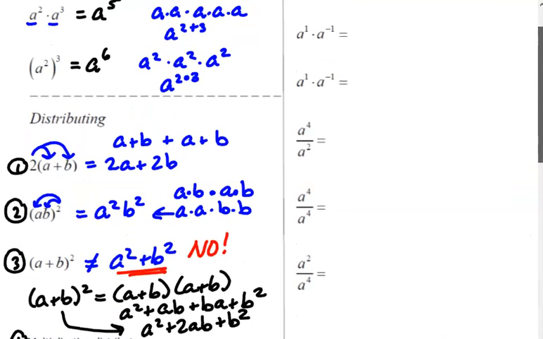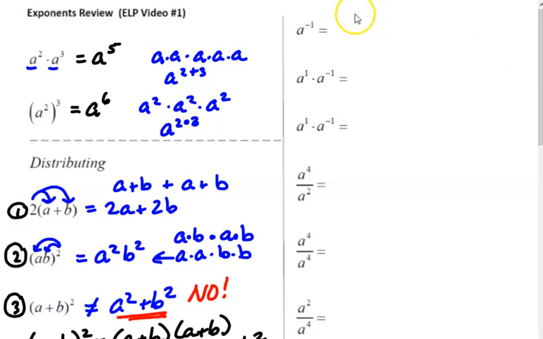All right, let's go to the second column. In the second column, we're dealing with negative exponents. So most people have learned that a to the negative first is 1 over a. And that is a correct statement. But what I want you to think about is that a to the negative first is equal to 1 over a, the reciprocal of a, to the positive 1.